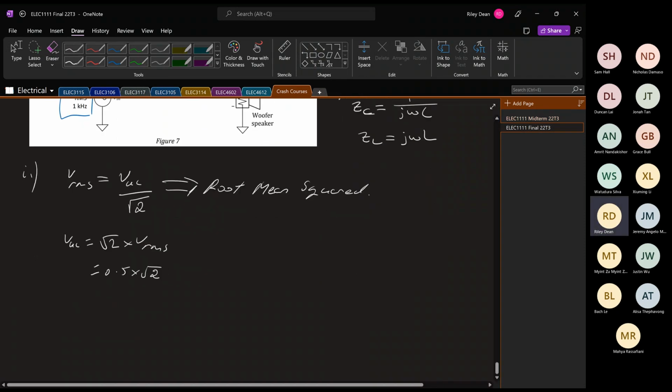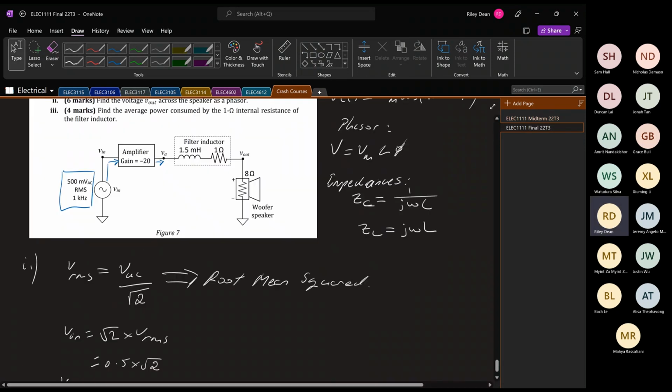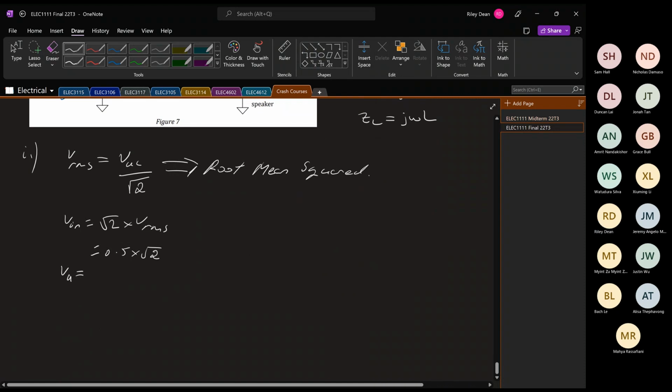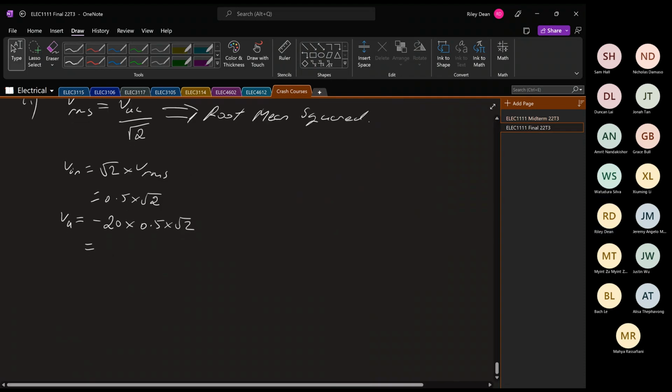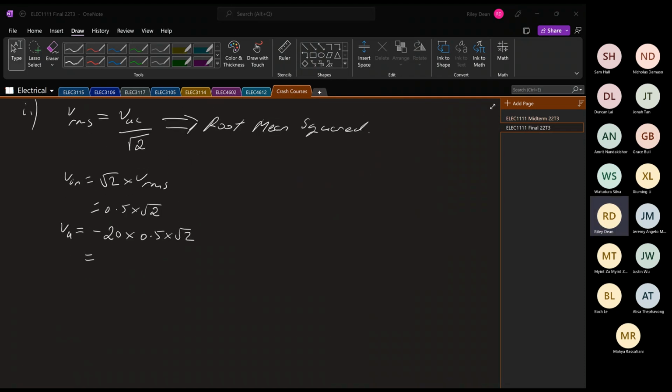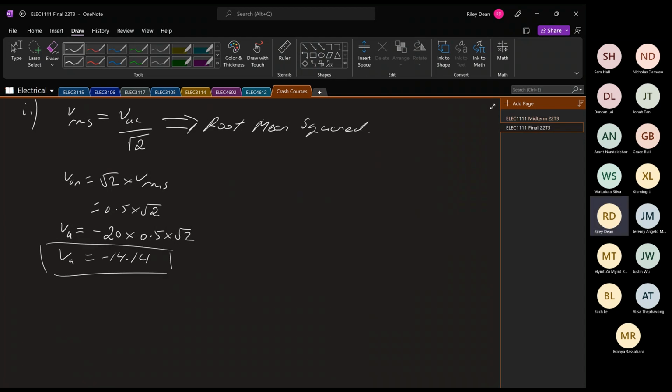So this will actually change our input even more, because that means our value is -20 times 0.5 times √2, which gives us -14.14. And that is our first key identity.